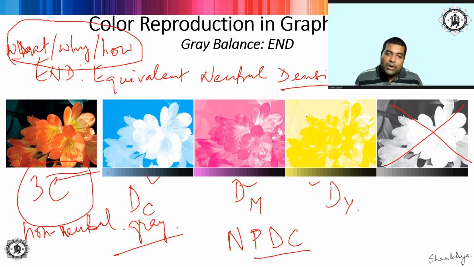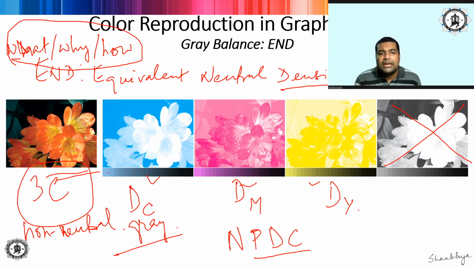We first tried to find out the optimal tone reproduction curve, and then from that point we derived how much dot percentage is required in the plate to reproduce the same density on the paper, and ultimately how much dot percentage in the film, on the negative, is required to reproduce the same in the plate and ultimately on the paper, right? So using the Jones diagram we obtained those values. We will apply a very similar technique here, not the Jones diagram, but keeping that concept in mind, we will use one of the techniques.